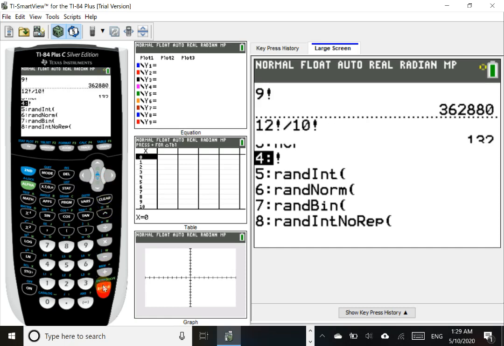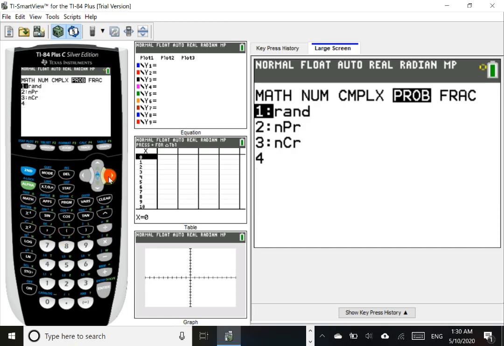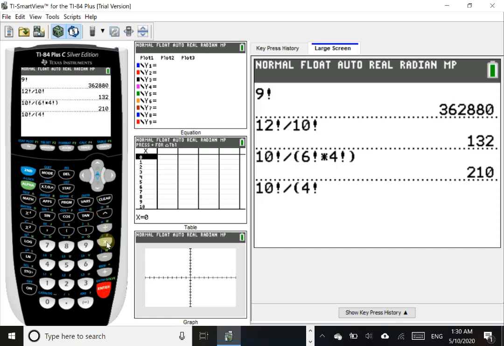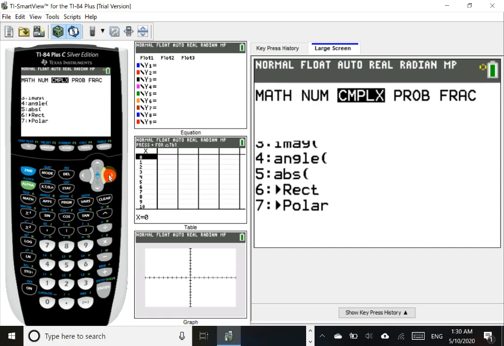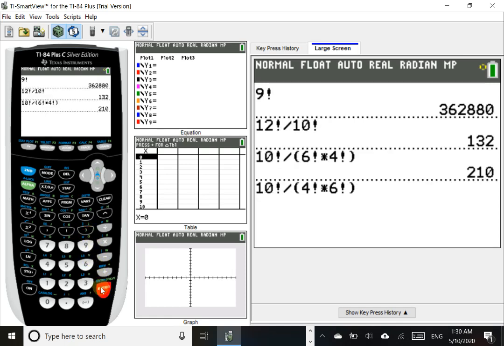So I'm doing 10 factorial divided by parentheses, 4 factorial, and then multiply that by 6 factorial, close parentheses, enter. So you see that it doesn't matter, because multiplication is commutative, that's the reason. Okay, so there we have it.